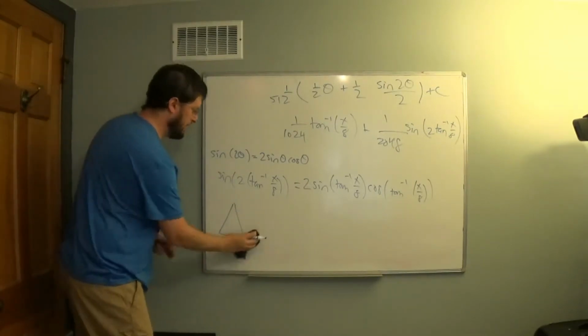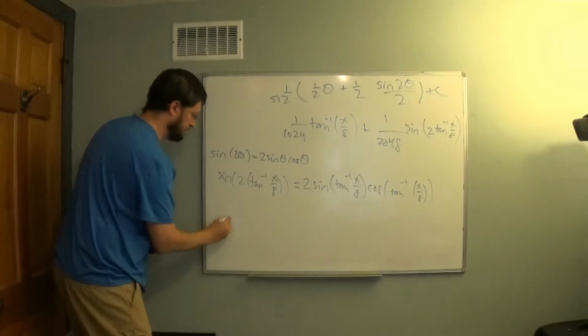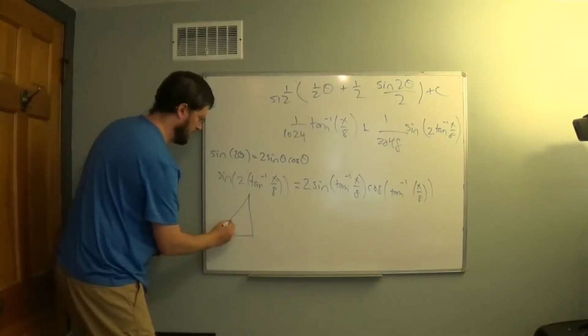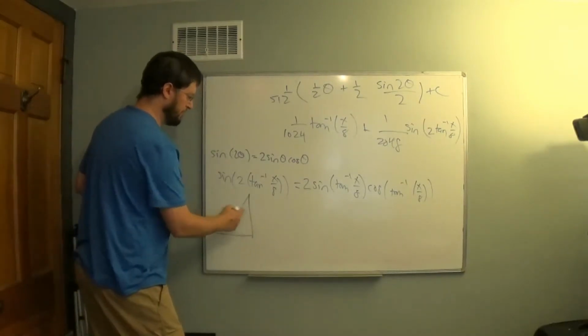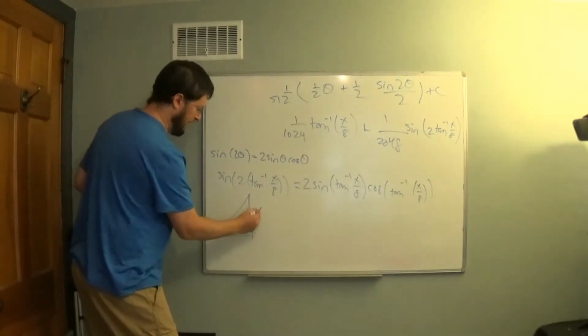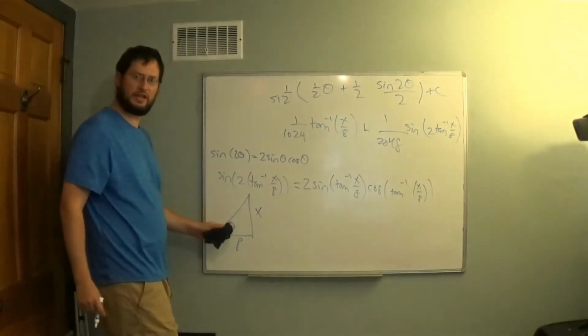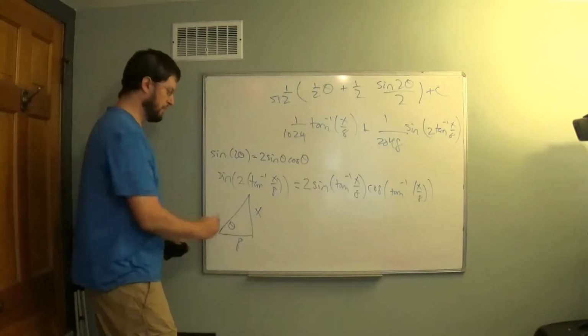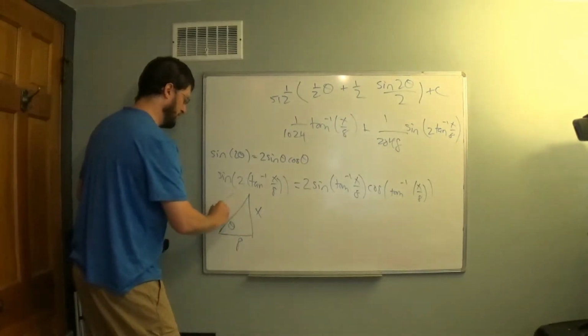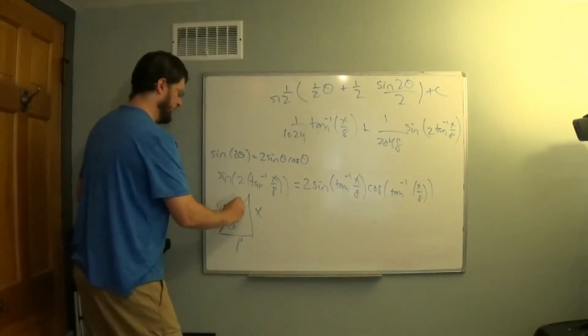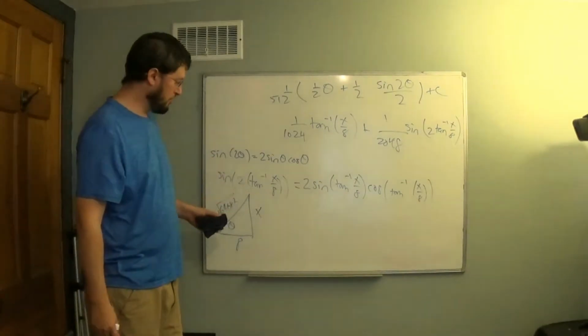So we're looking at tan inverse of x over 8. If this is theta, tangent is opposite over adjacent, so that's x and that's 8. That's tan of theta will be x over 8, which means that this last piece is square root of 64 plus x squared. That should not be surprising, that was part of the original problem.